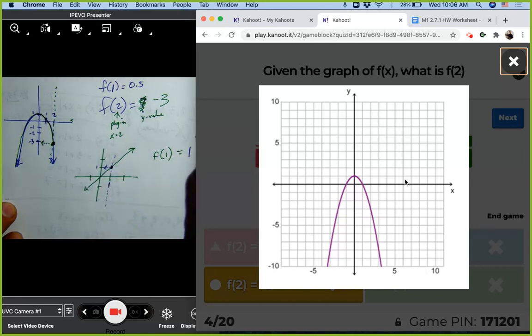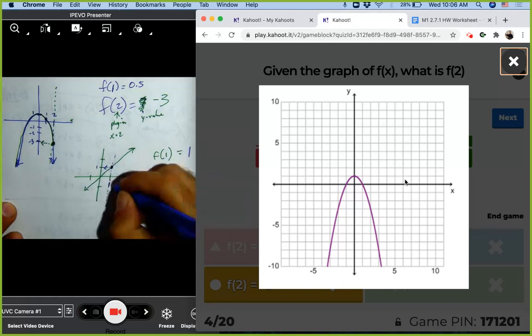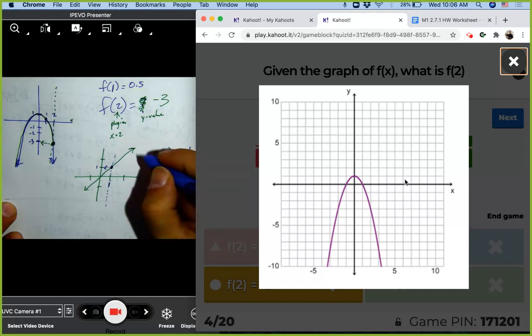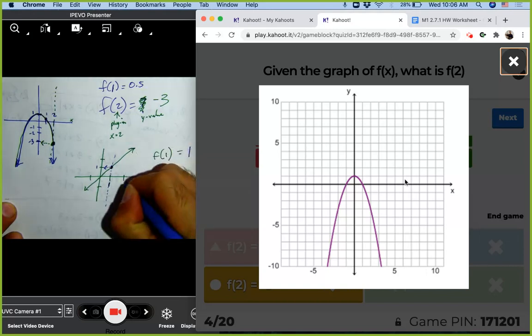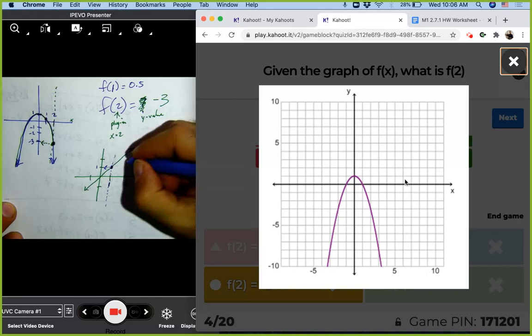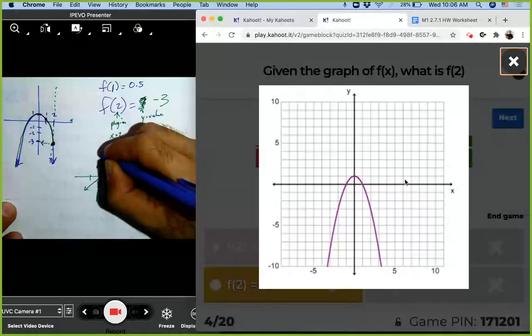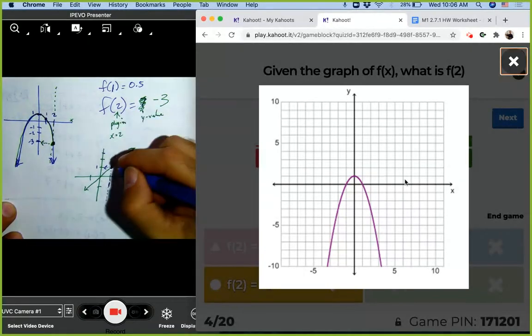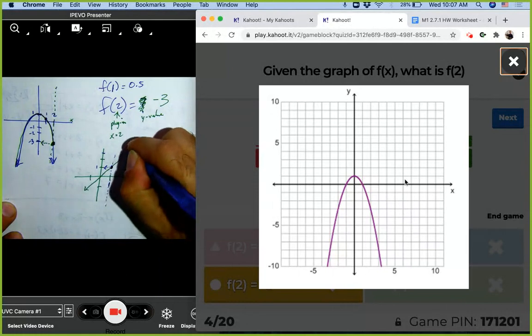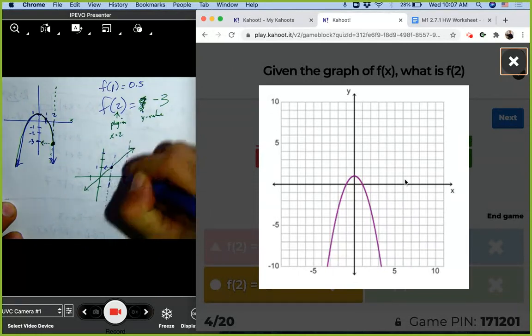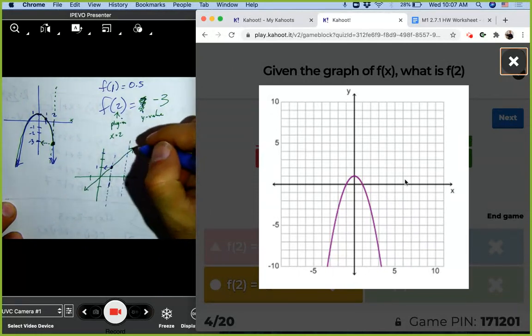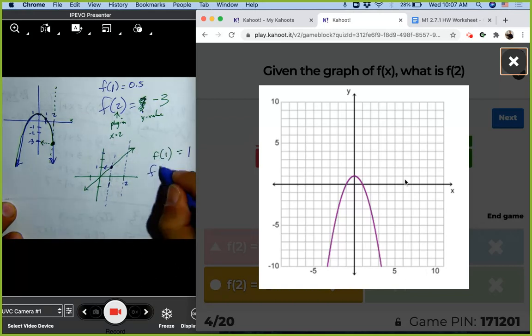We're not doing slope. We're not making steps. We're just seeing what's going on at 1. All right, what's going on at 2? Actually, I didn't do this. I'm going to do this. Oh, this isn't a correct function, but we'll make our dashed line. All right, where is the function when I plug in 2 for x?